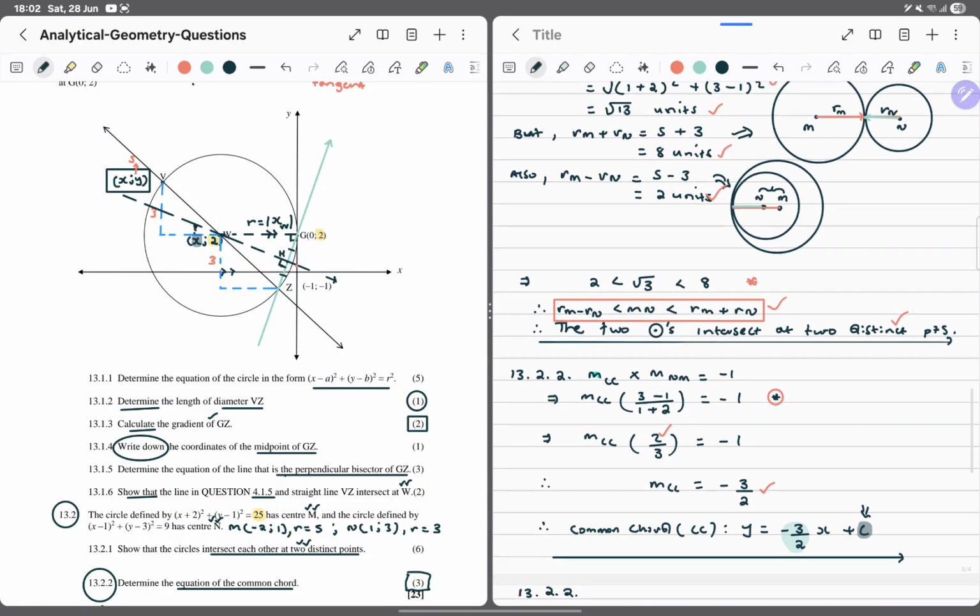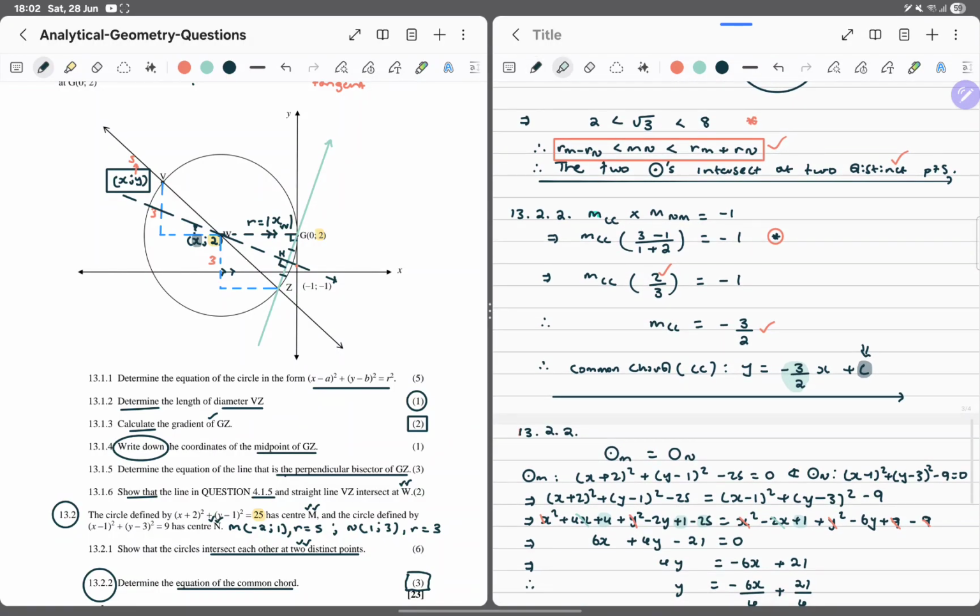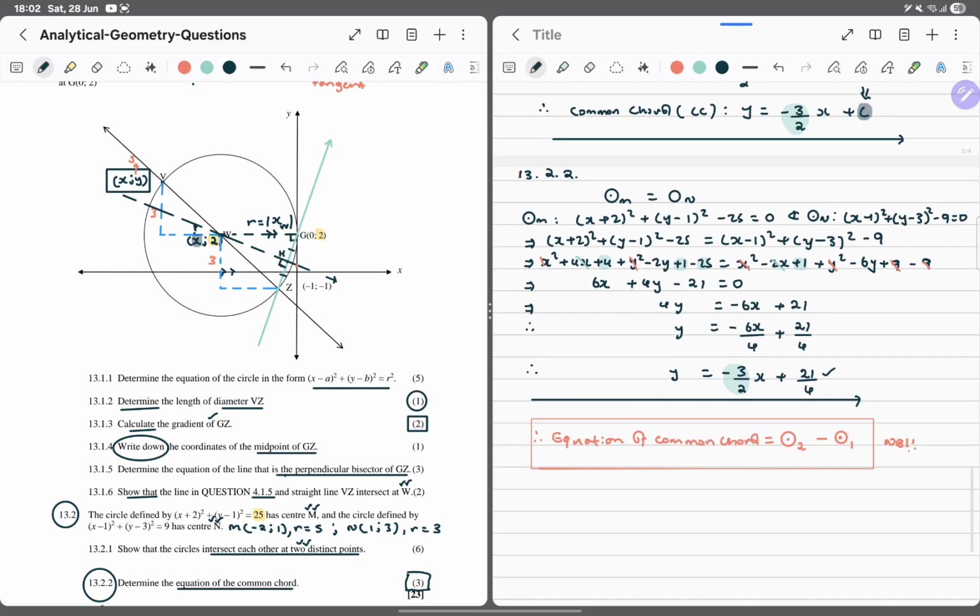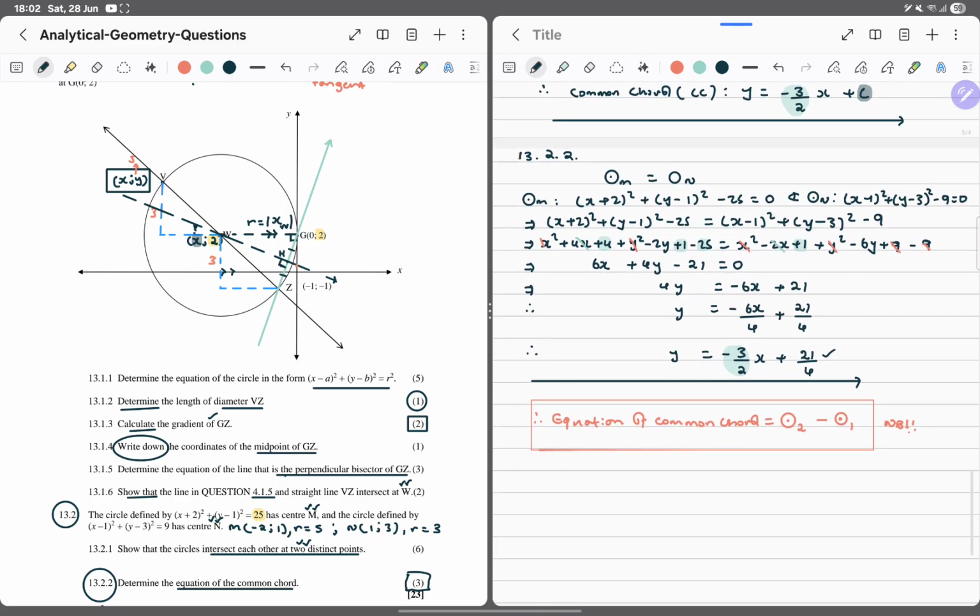As you would see that if we try to approach it the standard way, we end up stuck without knowing how to find our C. So that's the most important, guys. So please note this. Also for you as a student to consider how to find the length of the common chord.